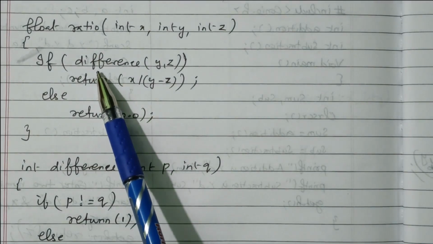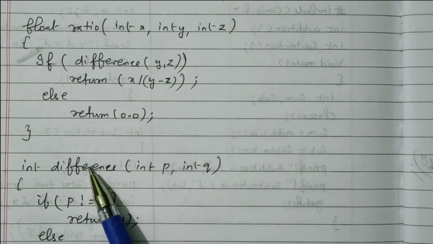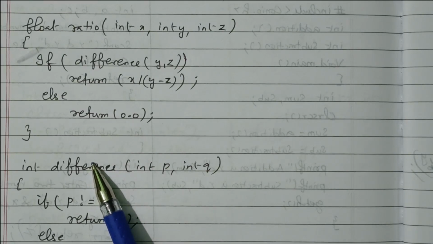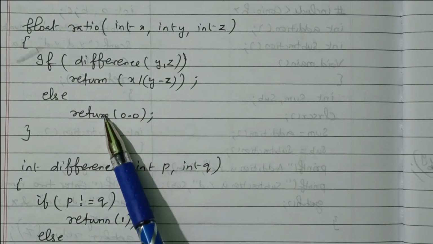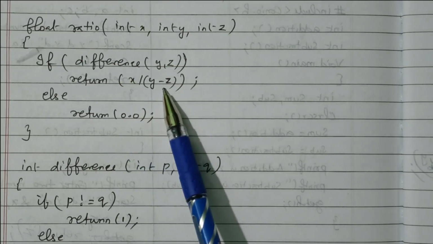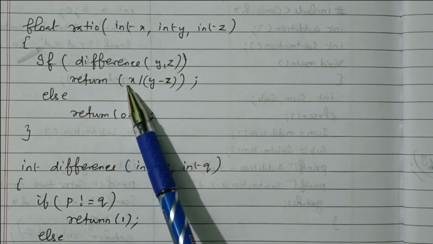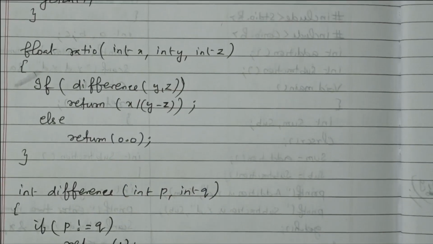In the ratio function, we called one more function, difference. Then control is transferred to difference. This difference will find whether both are equal or not. Accordingly, it will return either 1 or 0. 1 means it will evaluate this expression. 0 means it will return 0. Right? So from here now control will transfer to the main program.